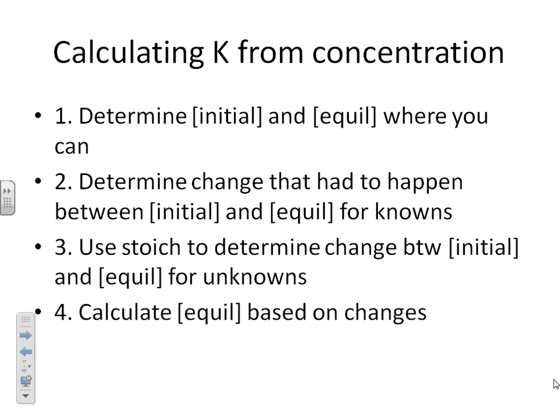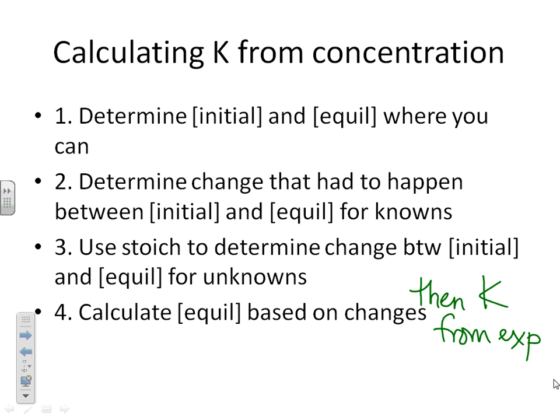And from these equilibrium concentrations, you can then calculate K using the equilibrium expression. Meaning you're going to plug your equilibrium concentrations into the equilibrium expression and solve for the value of K.